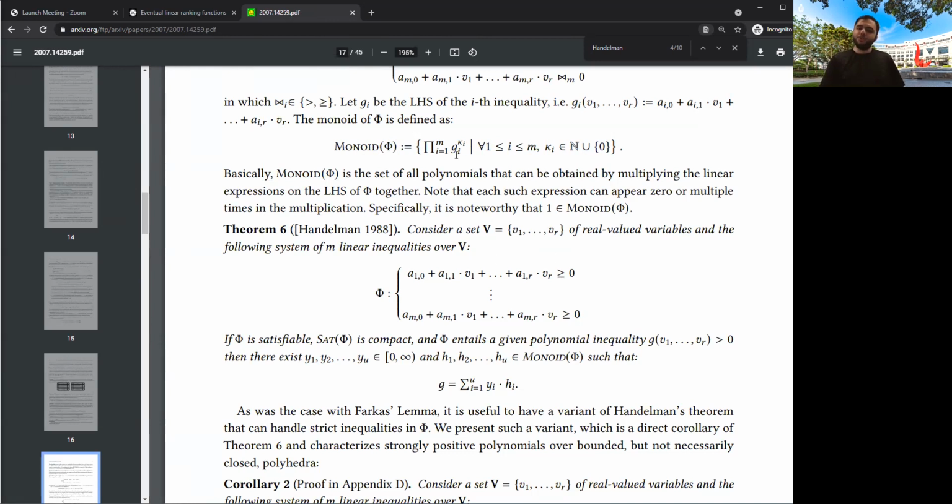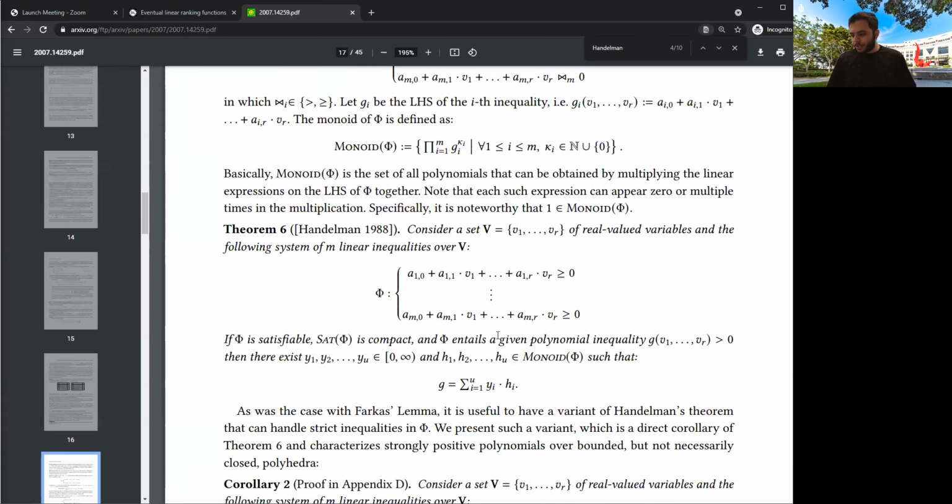So if you choose a large enough bound for the degree of the polynomials in your monoid, you will be able to get a sound and complete and terminating algorithm. But choosing that bound is theoretically a very hard problem, but in practice, it's really an easy problem. It usually works with 4 or 5. So that's the way that we can handle polynomial ranking functions.